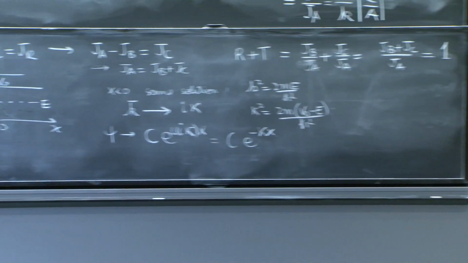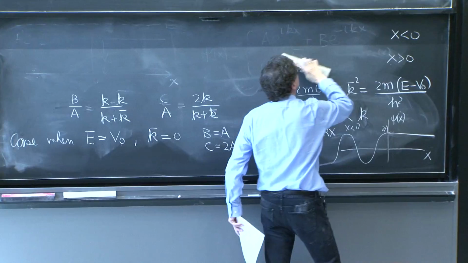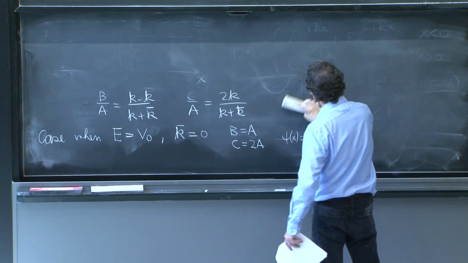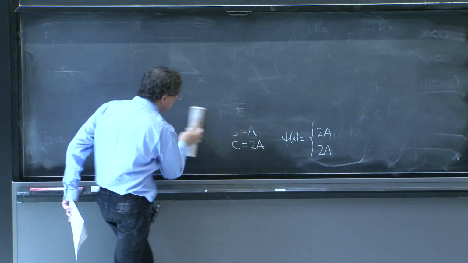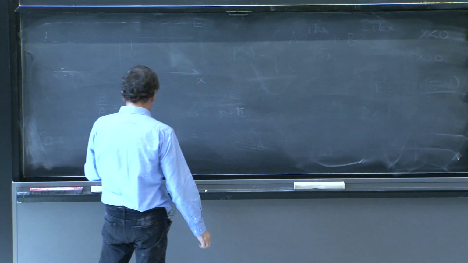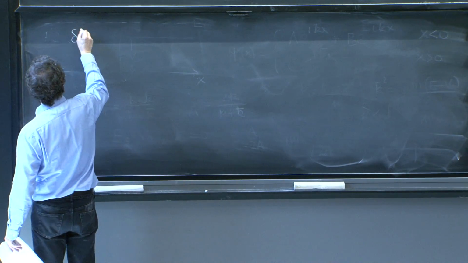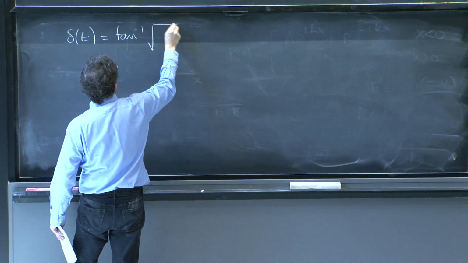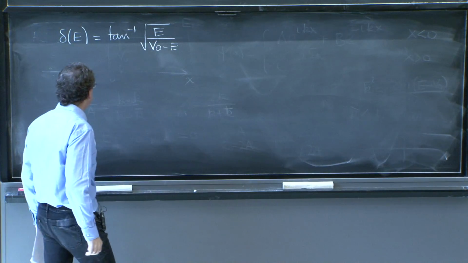I want to get just a little intuition about this phase shift, delta of E. We have it there, delta of E, I'll write it here, so you don't have to: tan minus 1 of the square root of E over V naught minus E. This is interesting.